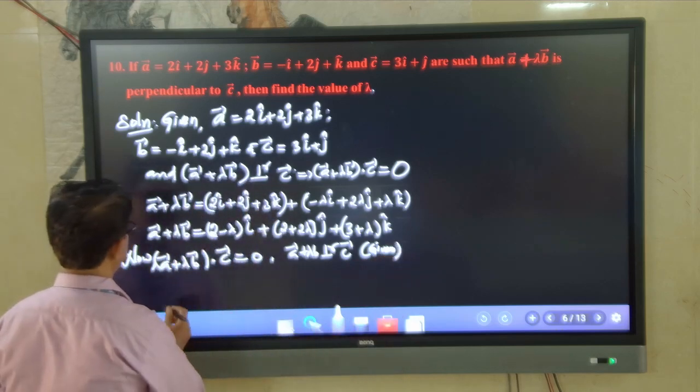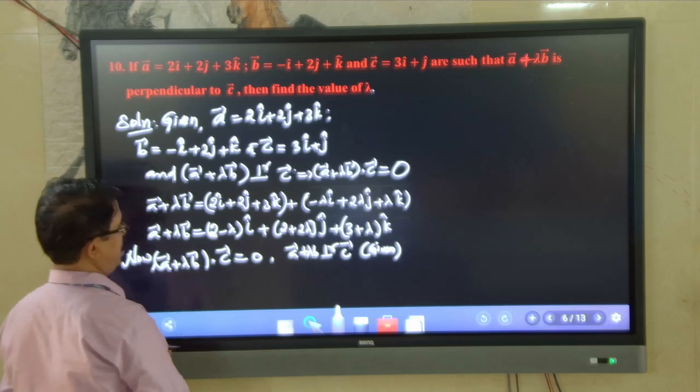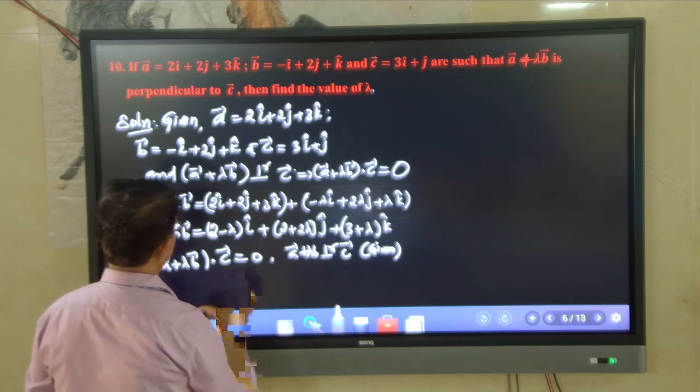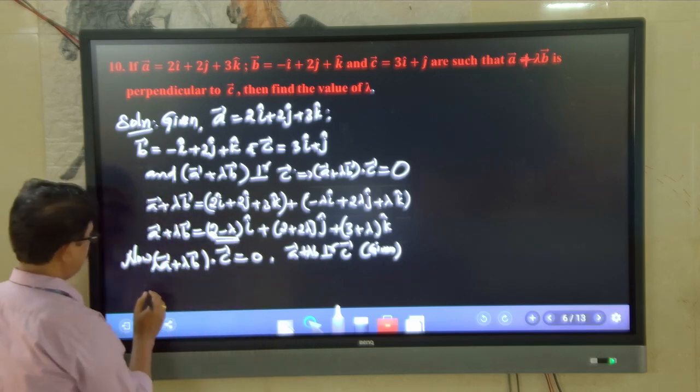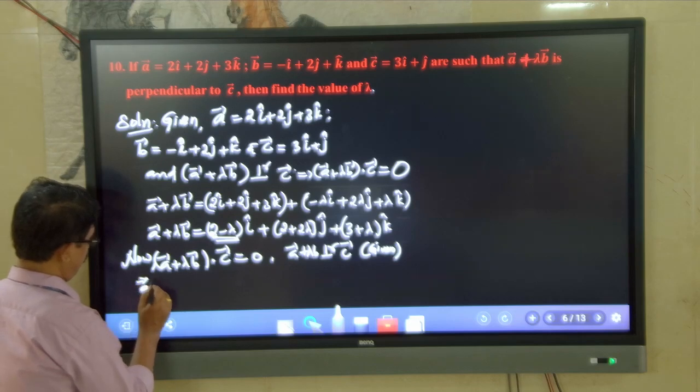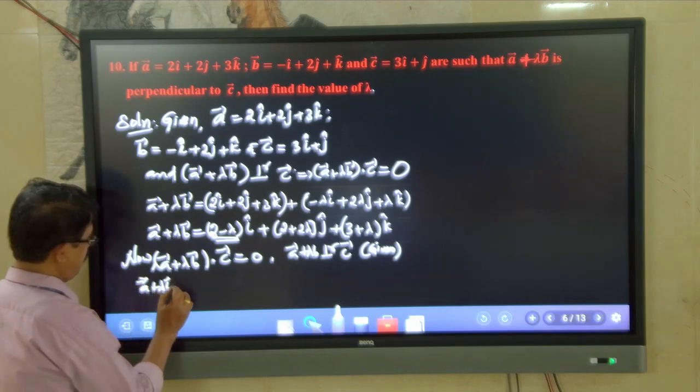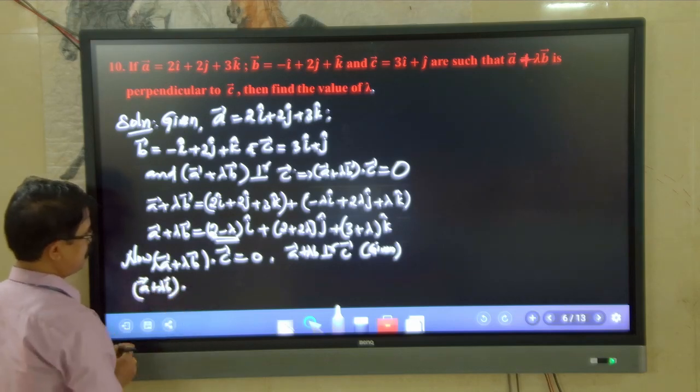This is a dot product. What is the dot coefficient? Here, coefficient. And then (a + λb) dot c, already taken.